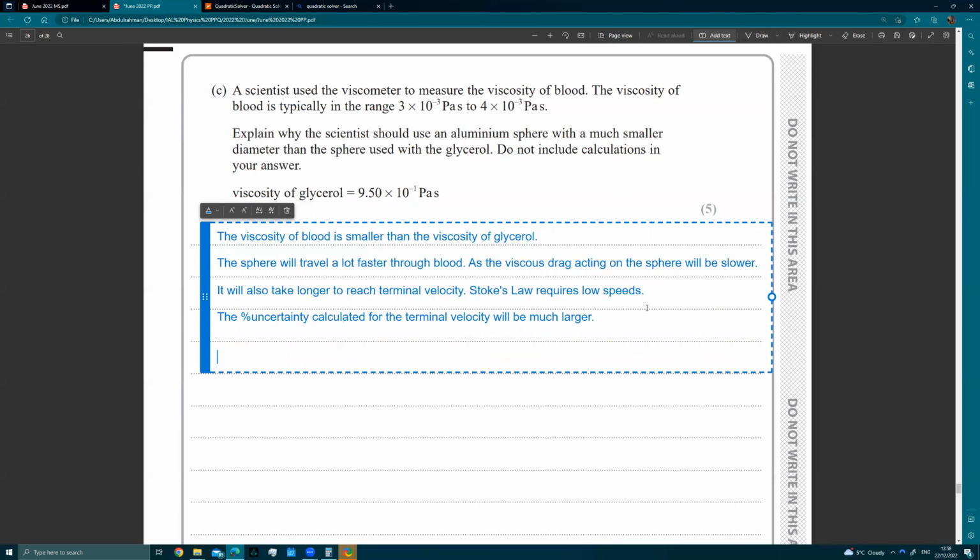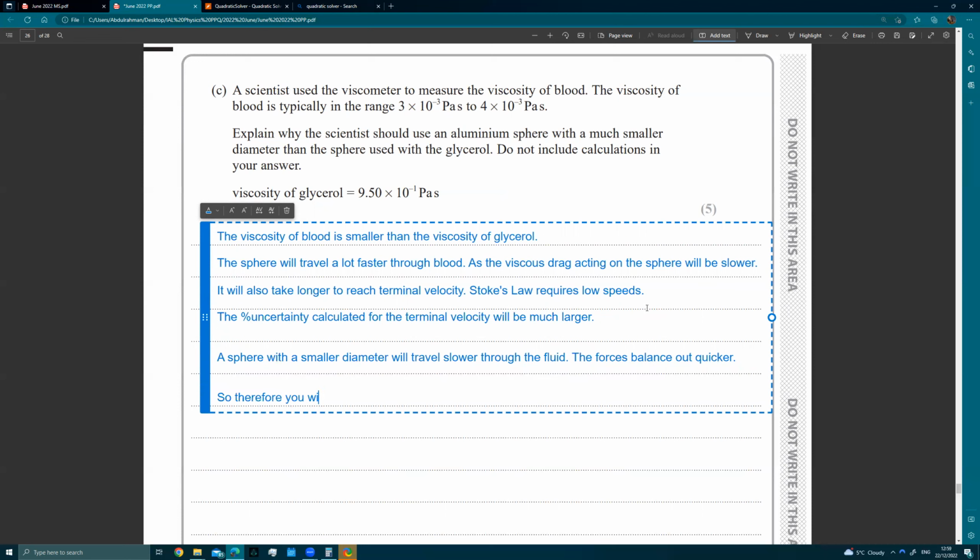So now let's talk about why we should use a smaller diameter. A sphere with a smaller diameter will travel slower through the fluid. The forces balance out quicker, so the opposite of before.